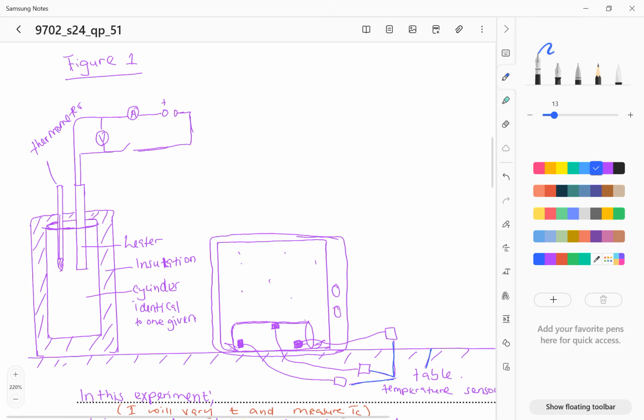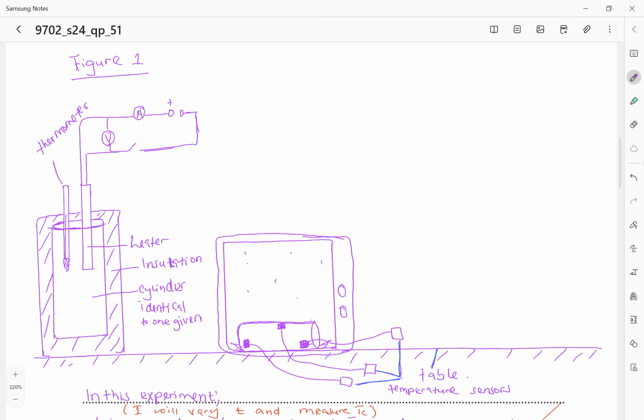This is on a table. So let this be figure 2. And this is the oven. This is the cylinder.